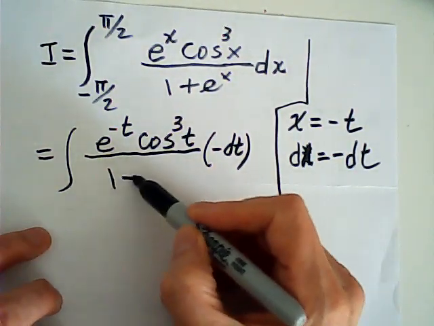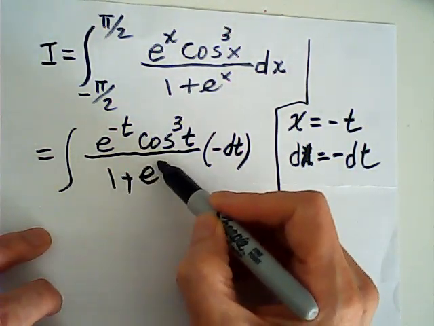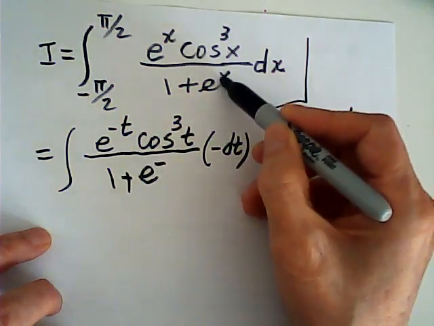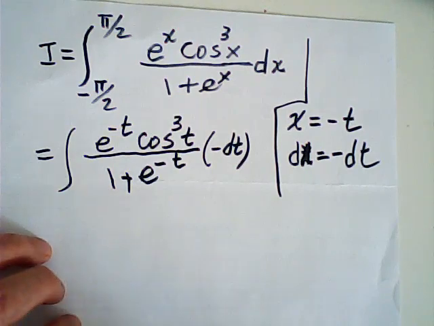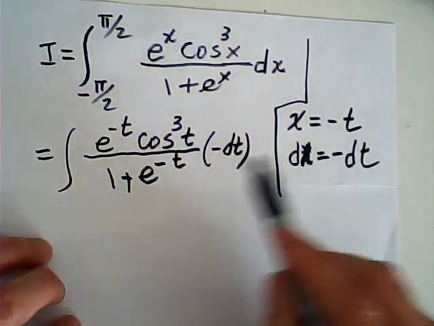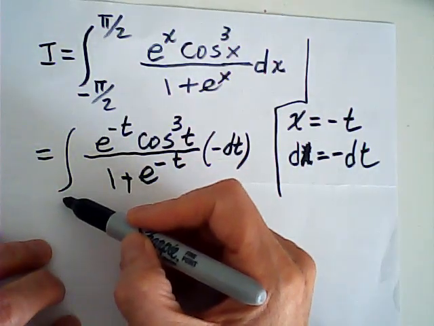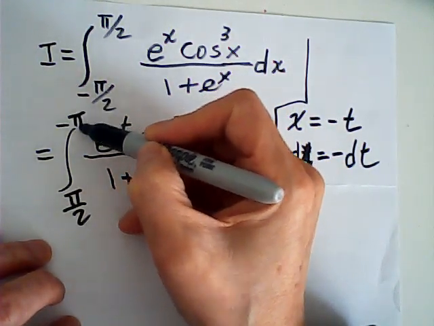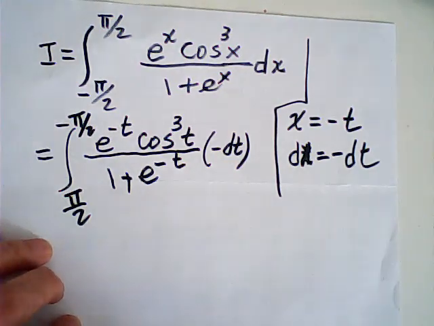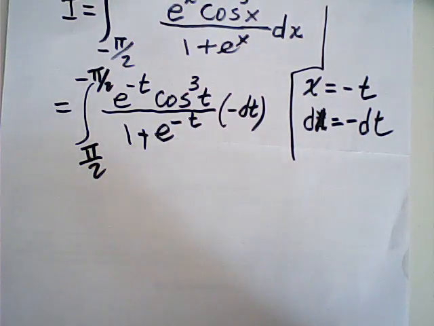And over 1 plus e to the negative t. Now, x is negative t, therefore the limits become positive half pi to negative half pi. Okay, so far so good.